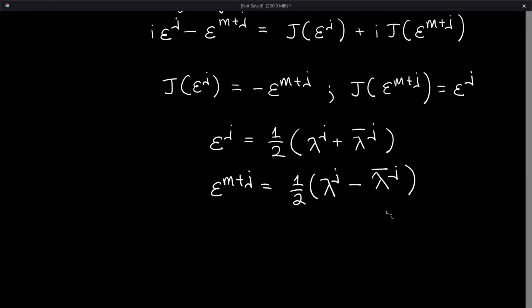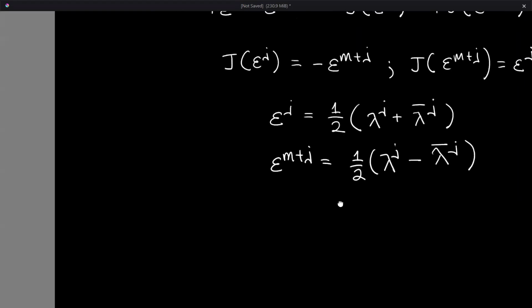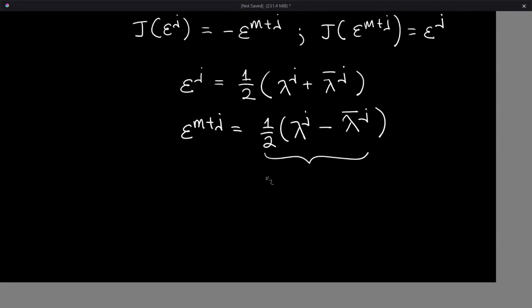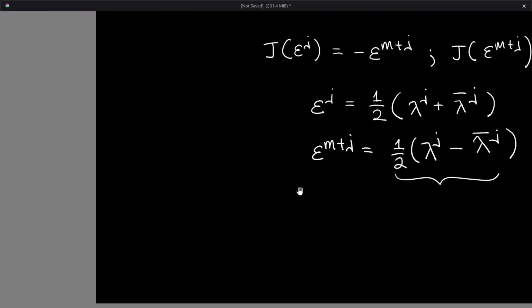But notice now that epsilon j and epsilon m plus j are linear combinations of all of these, right? So this means that, let me just take a quick look here. Yeah, so let's say that we're going to call this B star.